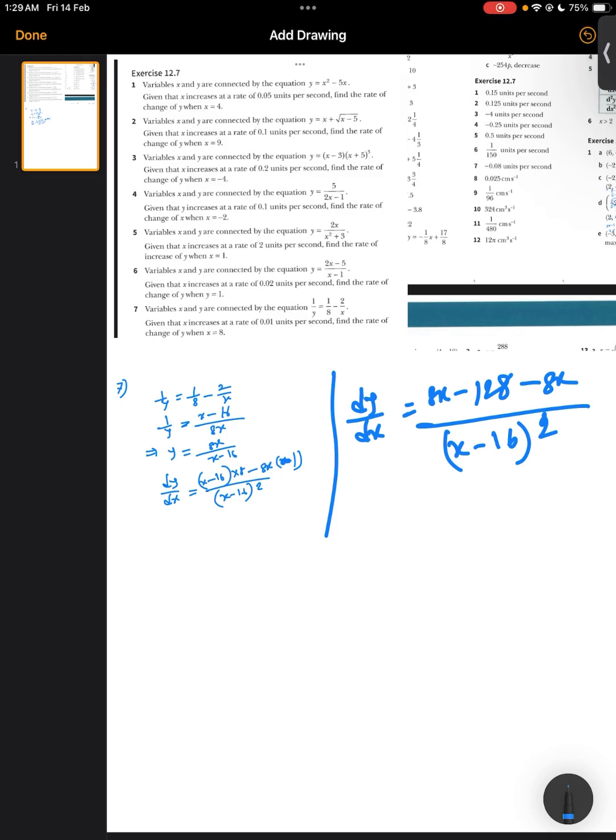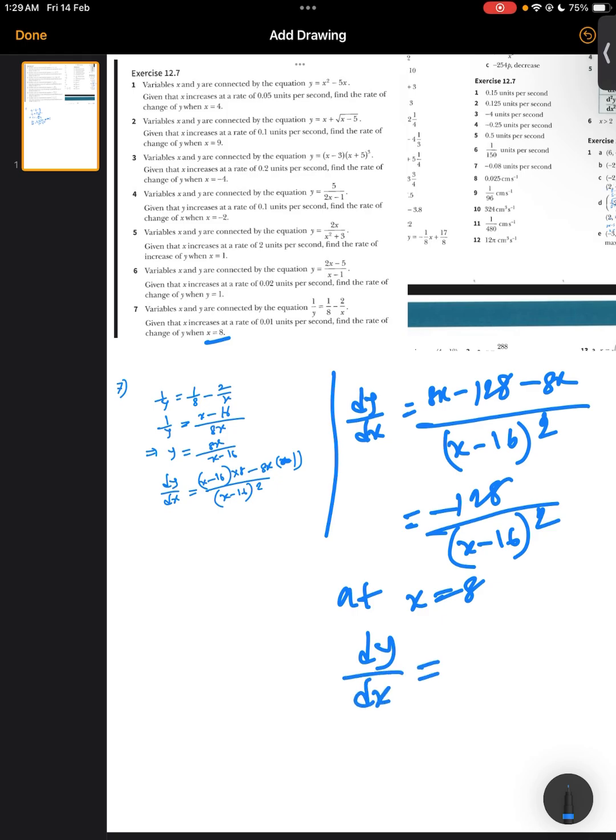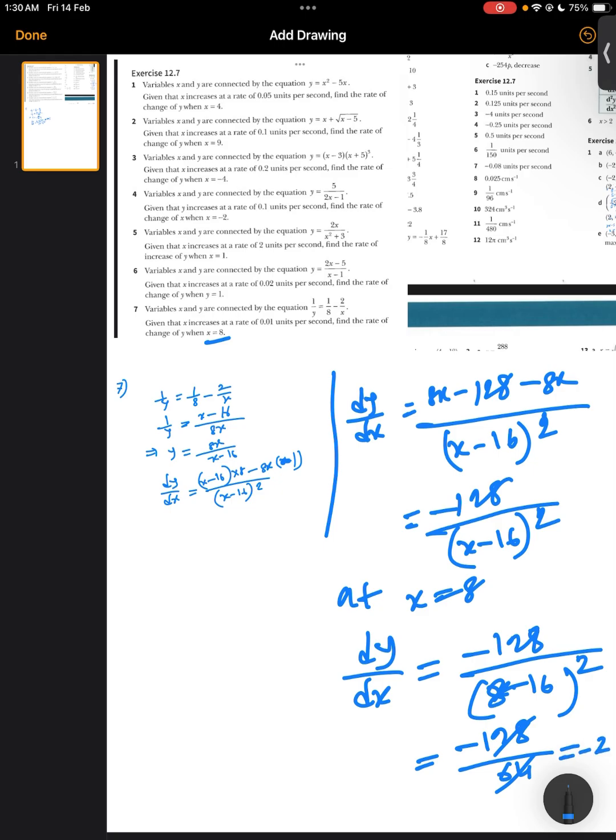Yeah, so minus 128 over (x minus 16) to the power square at x equal to 8. Minus 128, this is 8. Okay, minus 128, 8 square is 64, so minus 2.